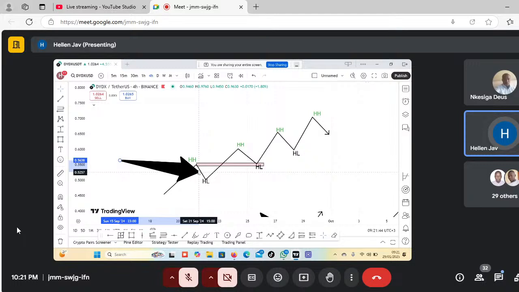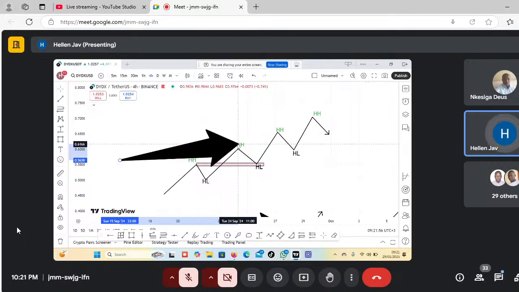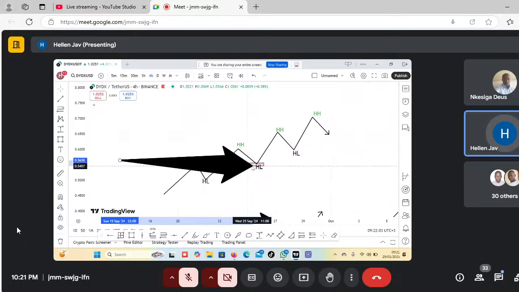Meaning after it went through the resistance, what are you going to wait for? Don't enter the market. Wait for it to come back and test this resistance. Meaning it is becoming our support, because it is no longer the resistance. So the moment we are back here on our support level, then we shall find our entries. Okay, so we are going to be entering from here.